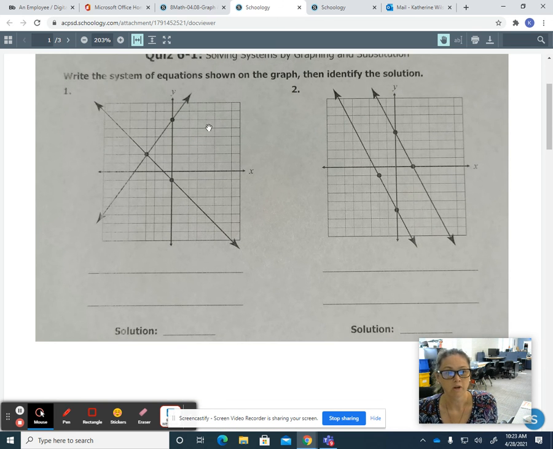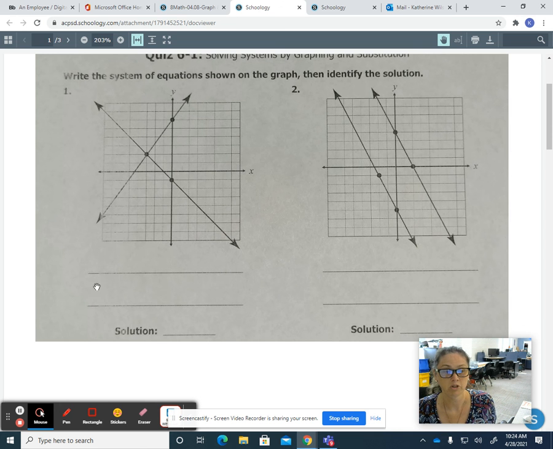For the first questions, I actually give you the lines. I want you to write the equation. So this goes back to our slope-intercept form. Figure out what your y-intercept is, figure out what your slope is, and write y equals mx plus b, where m is your slope, x is your variable, and your plus or minus b is your y-intercept.